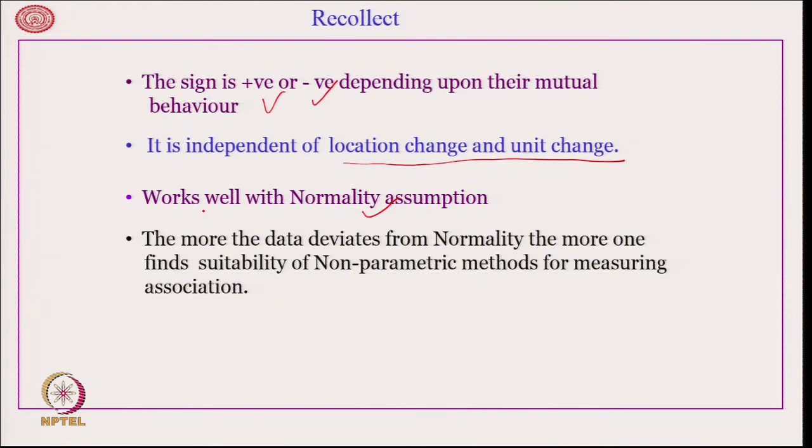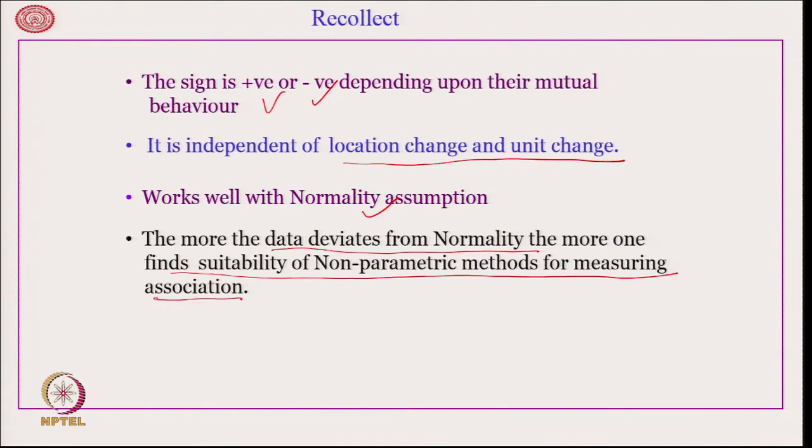Therefore, the correlation coefficient that we discussed works well under normality assumption. However, the more the data deviates from normality, the more one finds the suitability of non-parametric methods for measuring association.